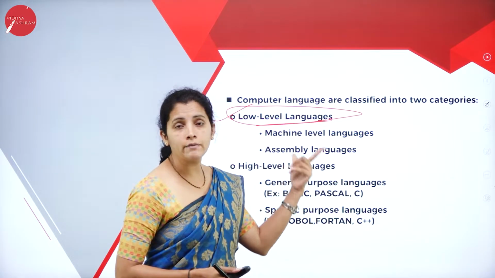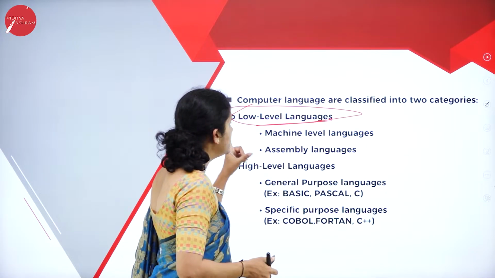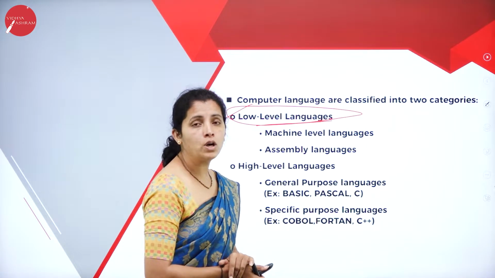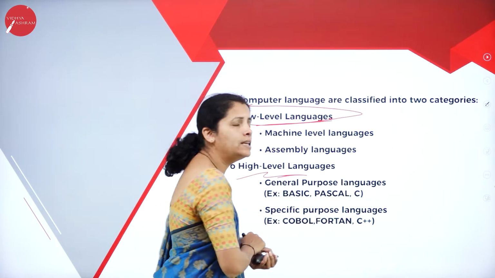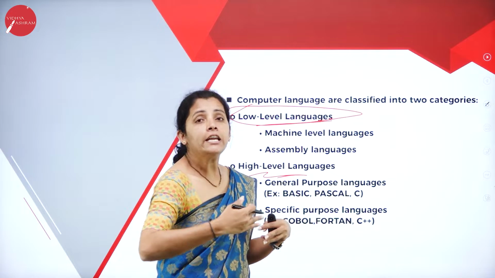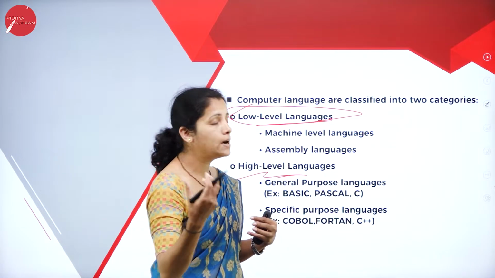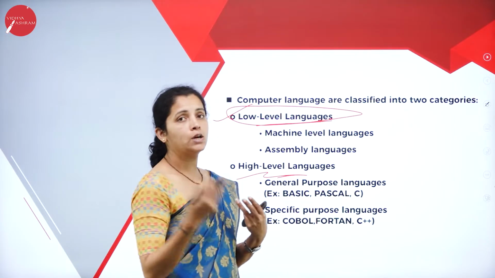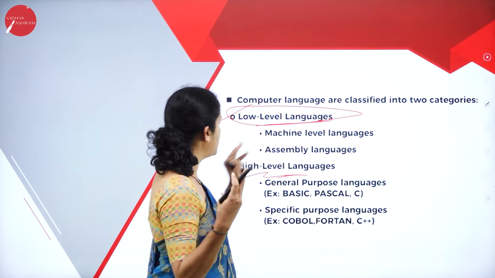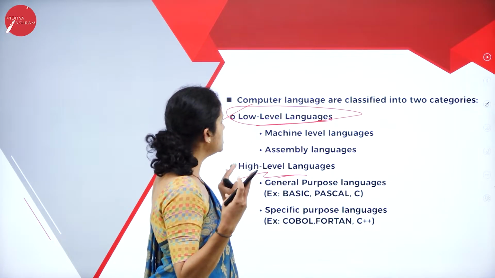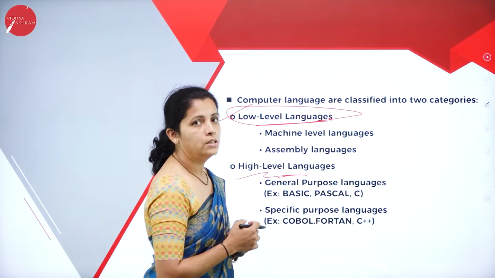So here, low level language is nothing but the native language. And what about high level language? It is like the English language, and it is very easily understood by the user. So there are two types of programming language: low level and high level.